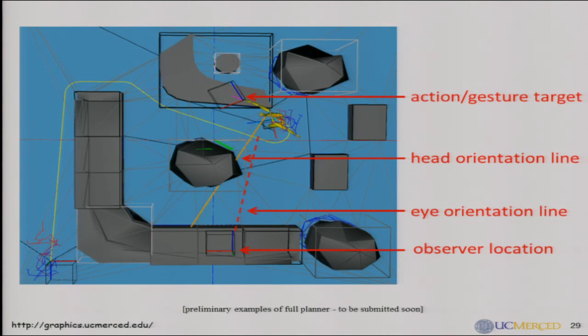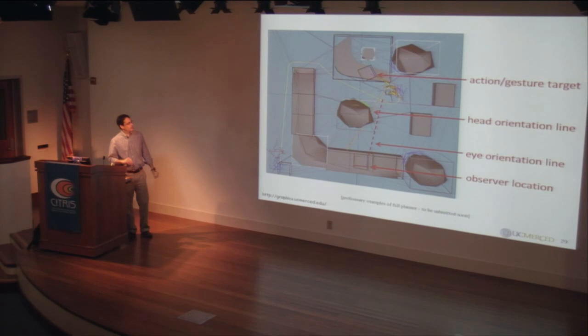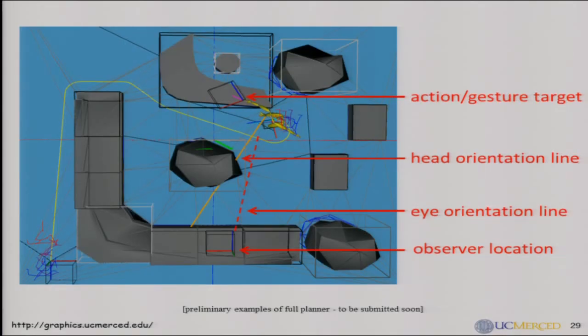And what you see here is we have the yellow character that is supposed to make a demonstration at that action gesture target location on the top for an observer located at the bottom. And then we are looking around the target location for feasible body placements that have enough space for the character to be, that have a connection to the initial location of the character by checking geometrically if there is a path with enough clearance to get there, and a location where we allow to preserve all these mutual visibilities.